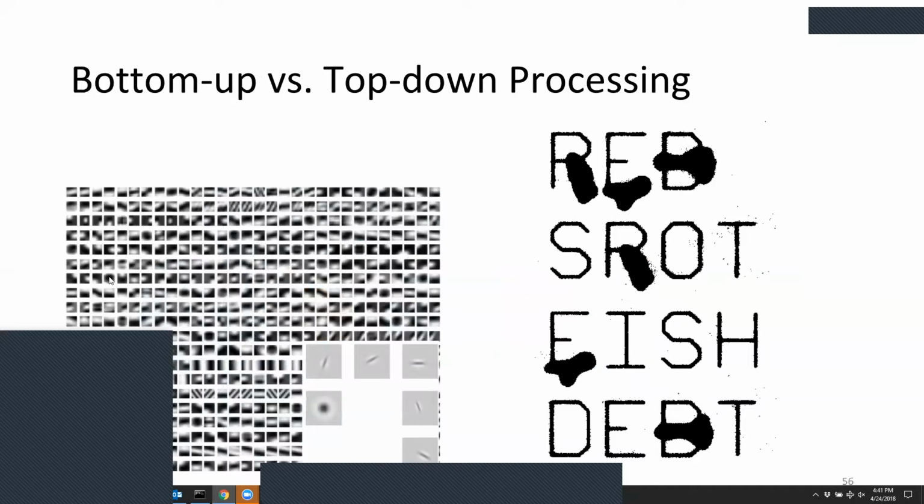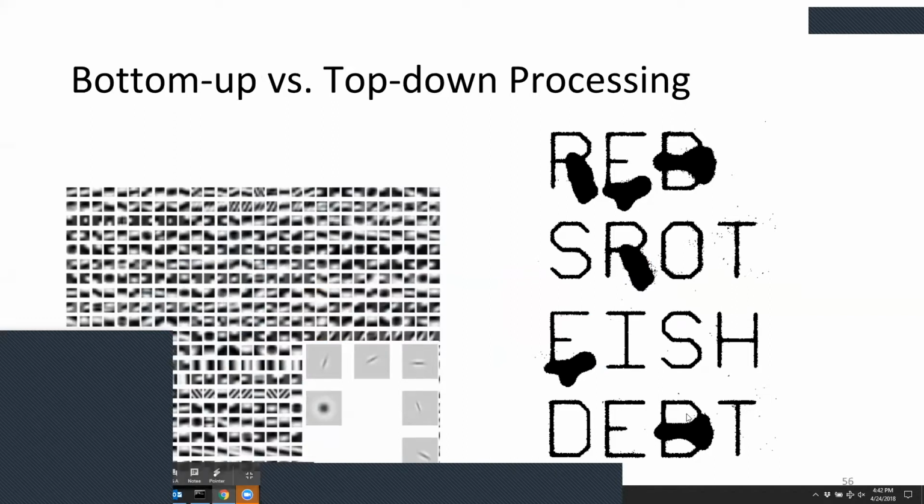In terms of processing, in terms of people's understanding, there's this idea of bottom-up processing, which basically means we take the information at its root level and just take what is provided to us. With top-down processing, when people look at objects, visualizations, graphs, or anything in general, we provide some sort of context to that situation. On the right-hand side, I'm assuming most people can read the words going down that list: red, spot, fish, index.